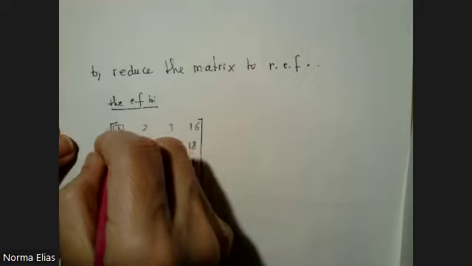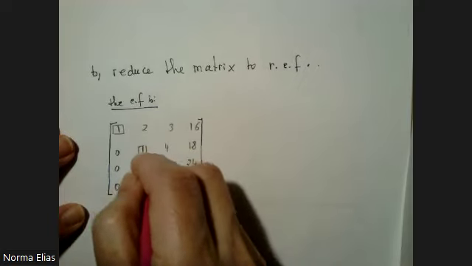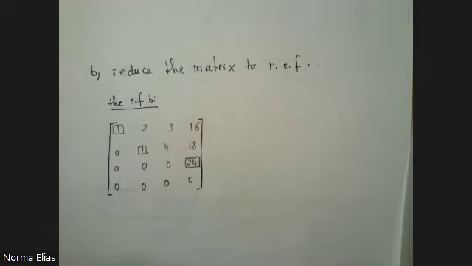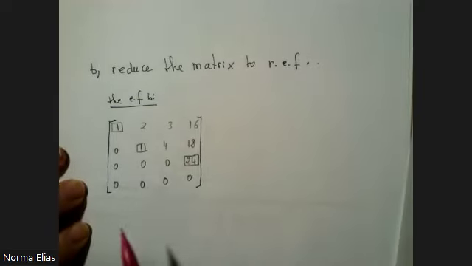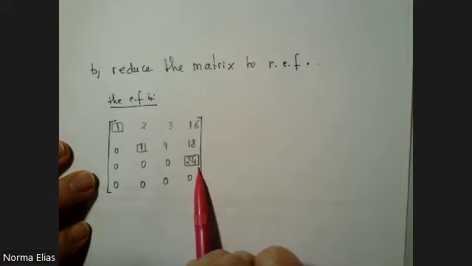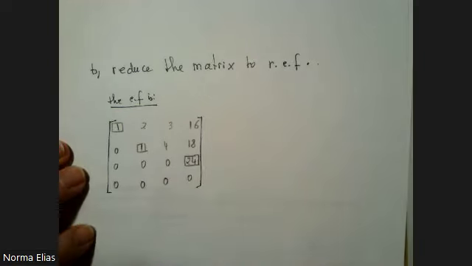And a habit that I want you to start building up: always put squares around your leadings, because they lead you, they tell you exactly what to do. So now remember what we have to do. We want all the leadings to be 1, and we want every leading to be the only non-zero in its column. So let us see what's the fastest algorithm to be able to do that.